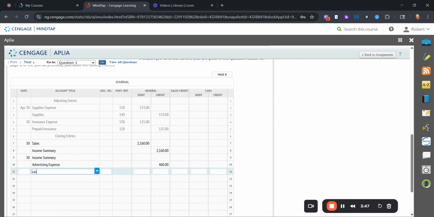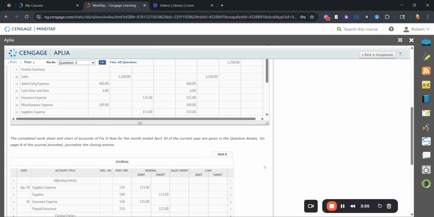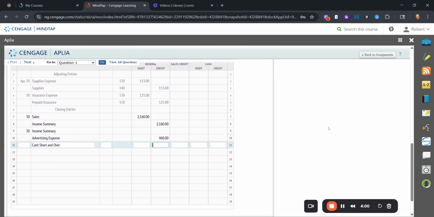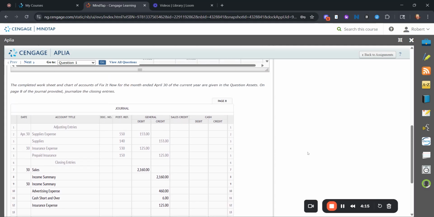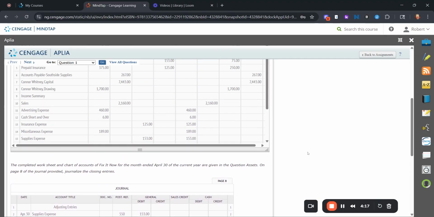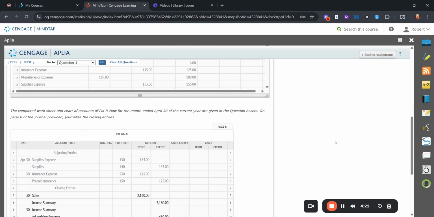Then the next was the cash short and over. That was the petty cash. It was $6, and then $125 for insurance expense. Then fill in insurance expense, that was $125. Then our next one, miscellaneous expense for $189.